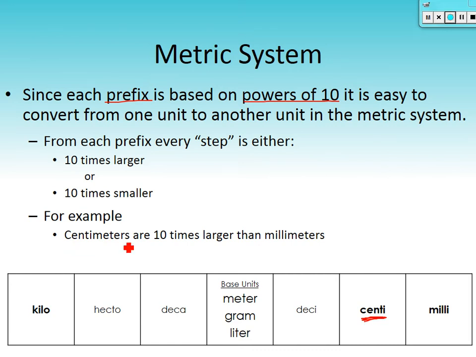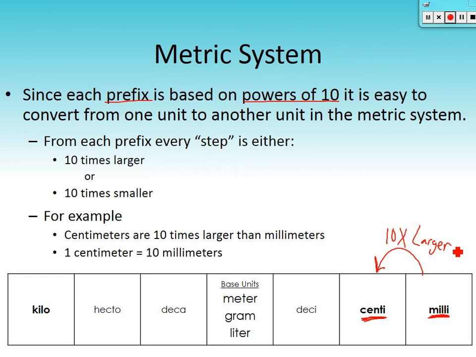Like it says here, centimeters are 10 times larger than millimeters. So notice milli is right here. So as we move this way, we're getting 10 times larger. One centimeter then is 10 millimeters. 1 centimeter is 10 millimeters.